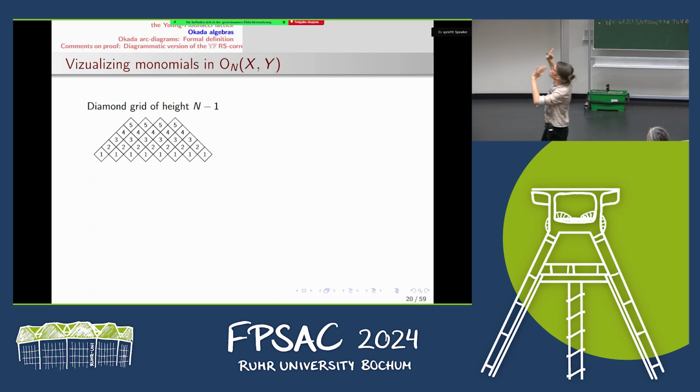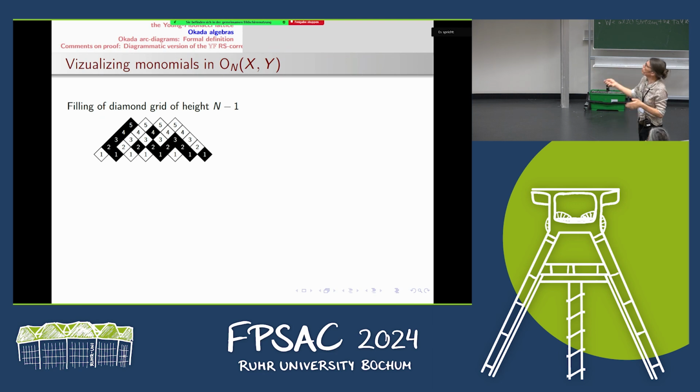So to make things work here, I want to talk about visualization. We want to visualize elements of this algebra, in particular monomials. To do that, we use this artifice of a diamond grid of height n-1. So here n would be 6. And I just fill it randomly with black tiles.